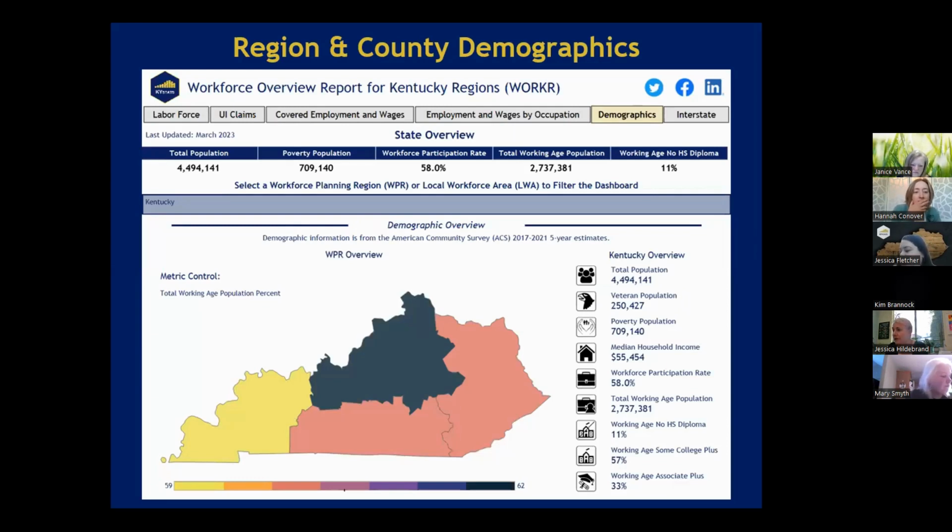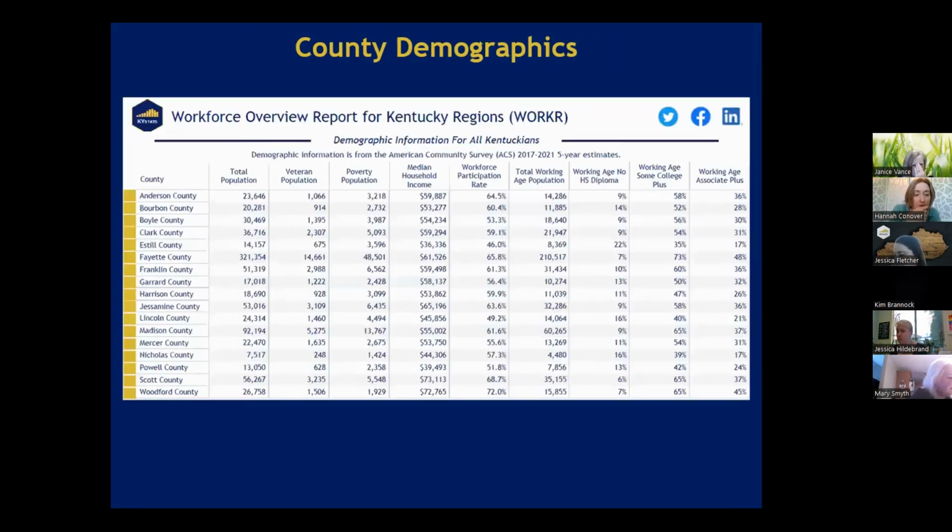So this worker report is one of the better resources we have that talks about Kentucky's overall population, or populations down into local workforce areas or workforce planning areas, or even lets you drill down into the county level, which you can see right here.